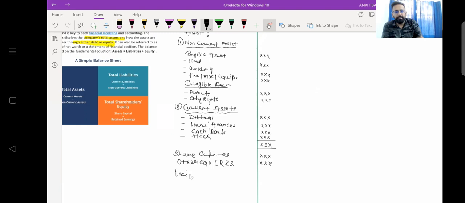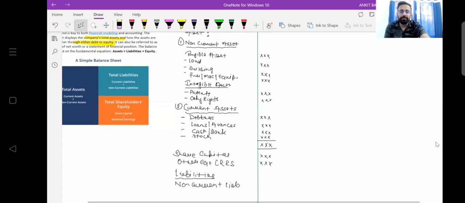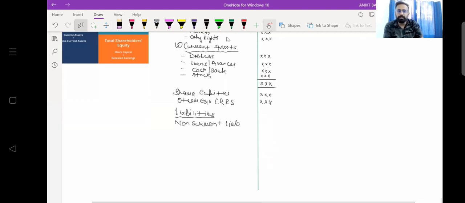Liabilities are classified into two categories. The first category is non-current liability, and the second one is current liability. In detail, we will discuss non-current and current liability in a coming session. In non-current liability, we generally show longer debts.